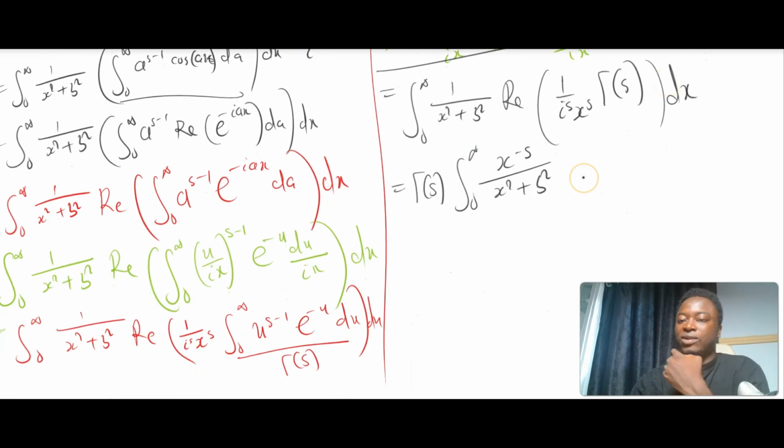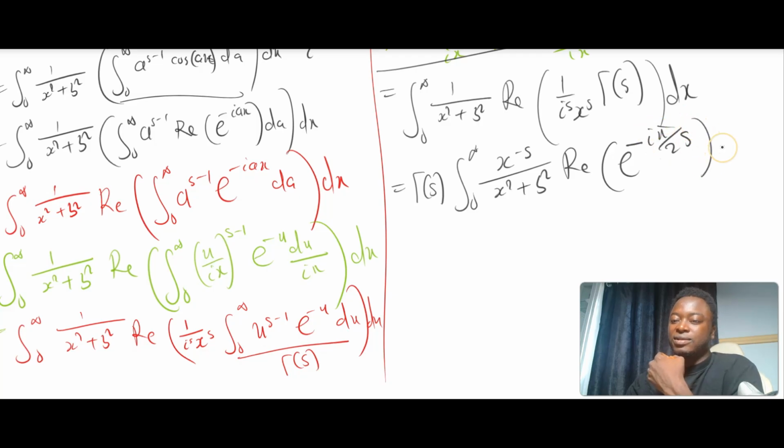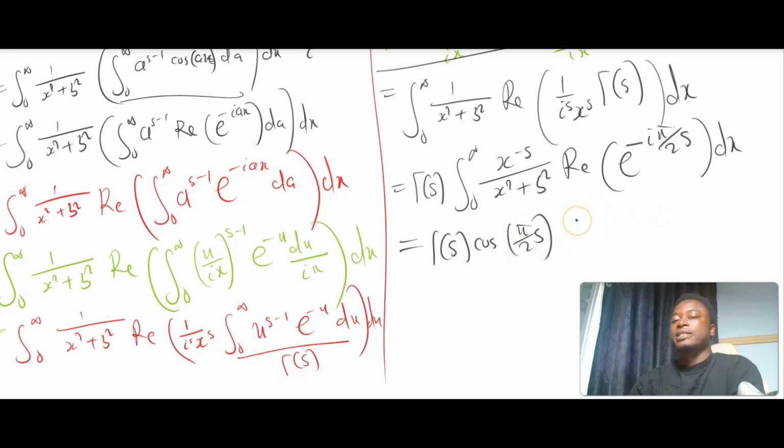We are looking for the real part of e to the negative i pi over 2 s, and so we have dx. Notice though that the real part of this is basically cosine of pi over 2 s, because cosine of negative x is still cosine of x. So this is gamma of s, so you can factor out gamma of s times cosine of pi over 2 s times the integral from 0 to infinity of x to the negative s divided by x squared plus b squared dx. So let's zoom everything a bit now.